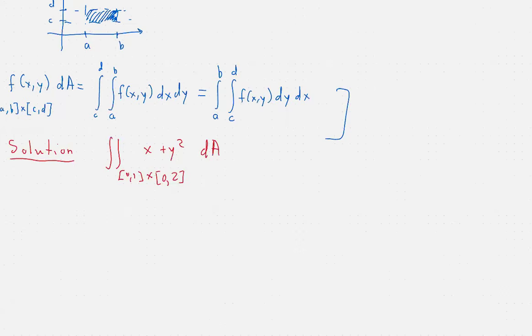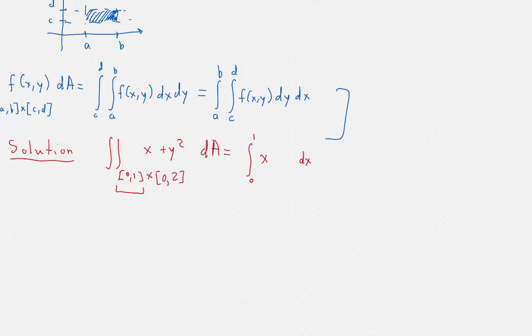So I'm going to write the integration first with respect to x, and for that, I need to make sure that I choose the first component, [0,1]. So I put from 0 to 1 of x plus y squared, and then I go from 0 to 2 dy.